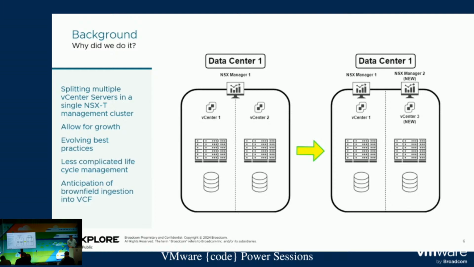And by splitting out multiple vCenters into their own NSX instance, we could simplify lifecycle management of both environments, because eventually these environments will be added into VCF. We also had to script it because none of the tools available at the time could migrate NSX tags for the VMs, as well as the VMs themselves.